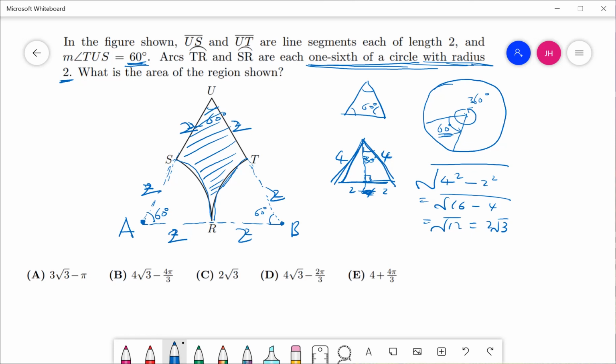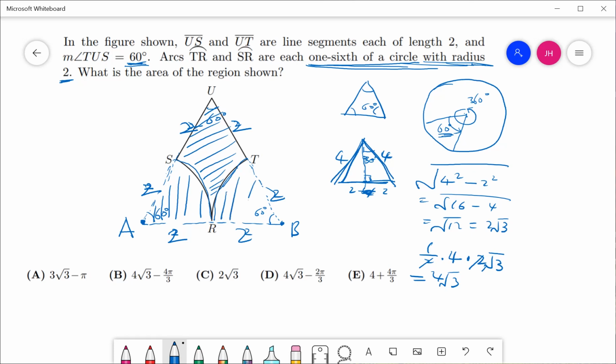So the area of this equilateral triangle will be 1/2 times the length of the base, that's 4, times the height, 2 times square root 3. So that'll equal what? We cancel out these two, so that's 4 times square root 3. All right, and we need to subtract the area of these two 1/6 of a circle.